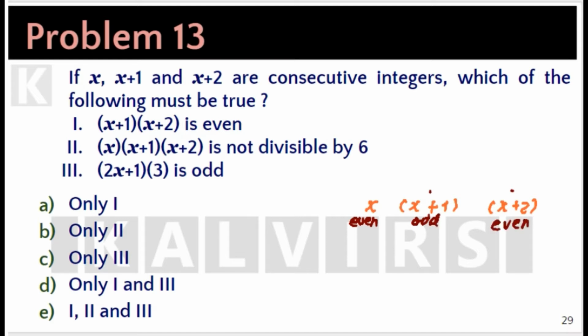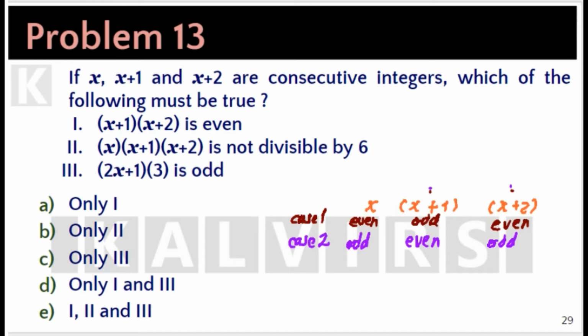Now, if x is an odd integer, then x plus 1 must be even and x plus 2 must be odd. We have these two cases. So this is case 1 and this will be case 2.